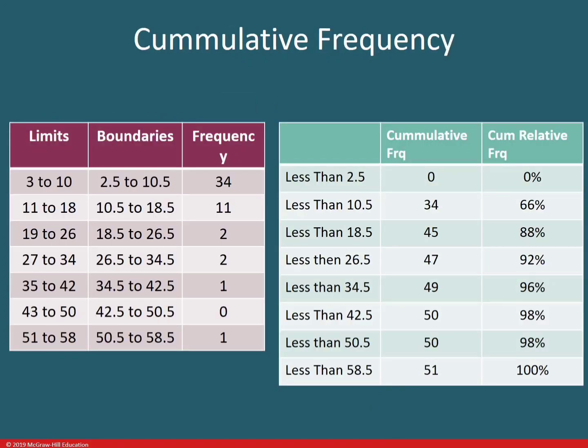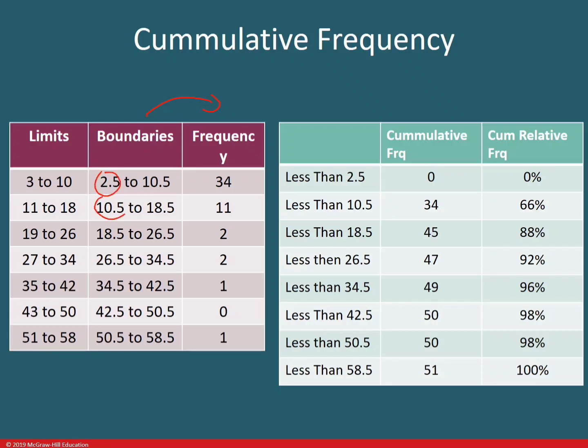All right. For a cumulative frequency distribution table, you're going to need the table that you have here, with your boundaries and your frequency. The idea of how this one works is that we're talking about how many states are going to be less than each of our boundaries.